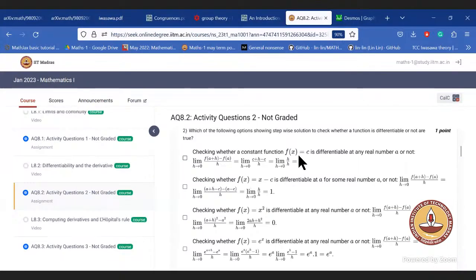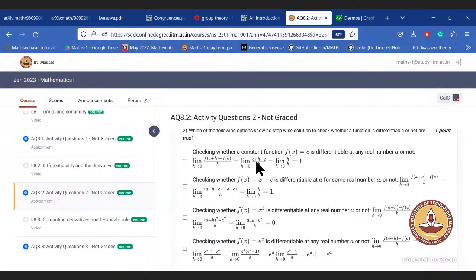What it basically says is you have a constant function, right? The limit as s tends to 0 of f of a plus s minus f of a divided by s. So this part is fine, but the problem is the next part. What is f of a plus s?